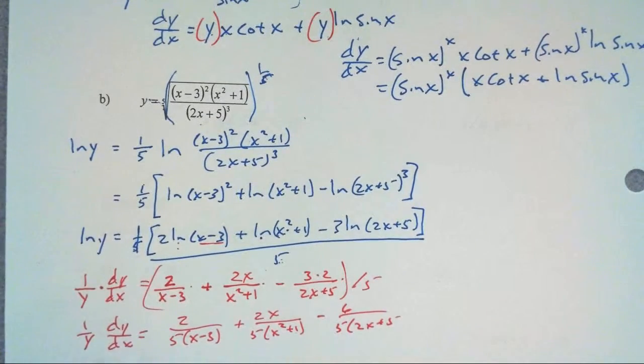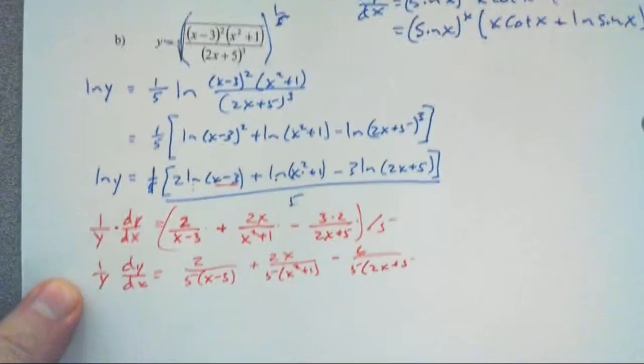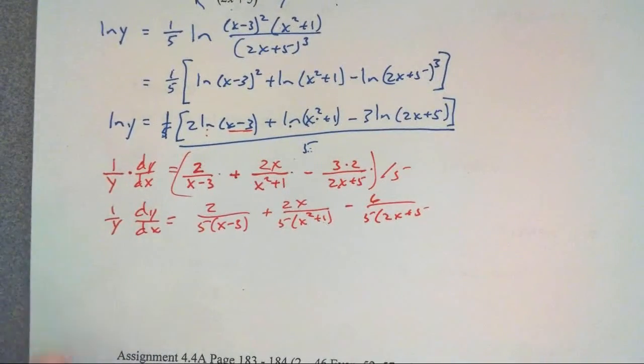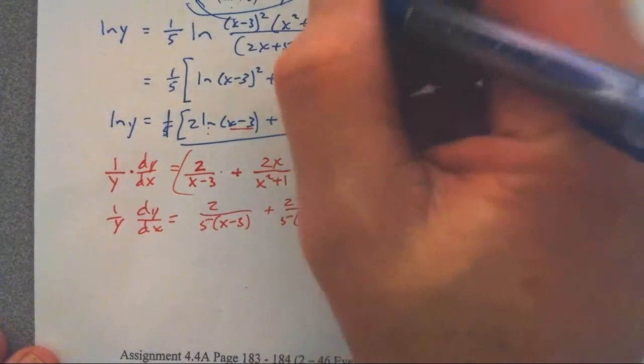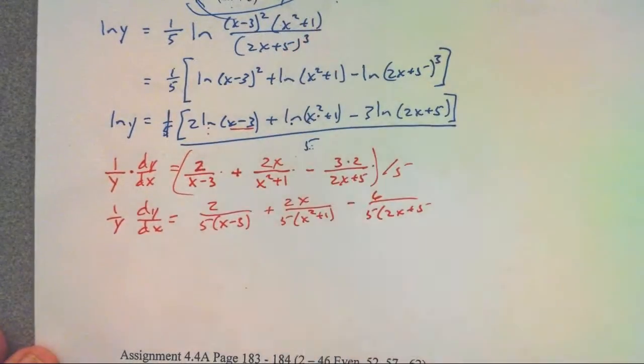And that is what 1 on y dy dx is. But I would like to multiply both sides by y because I really just want to know what dy dx is. But y is this big messy thing up here that I'm going to call star.